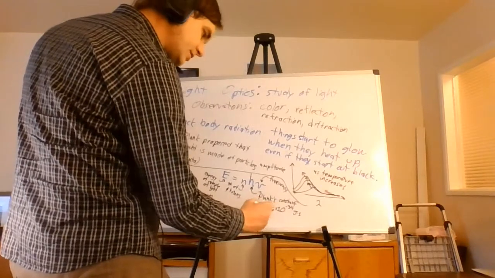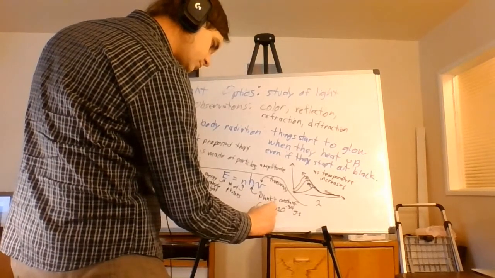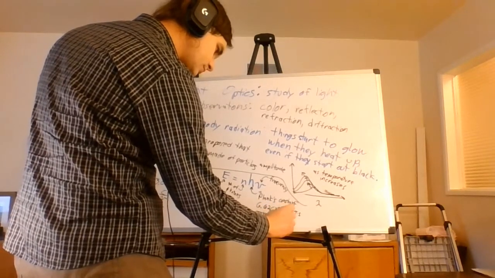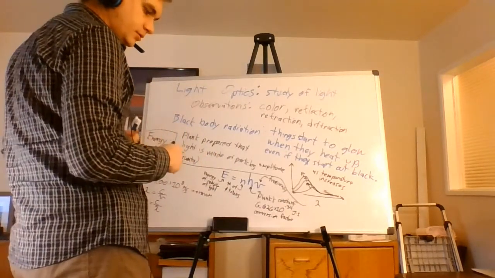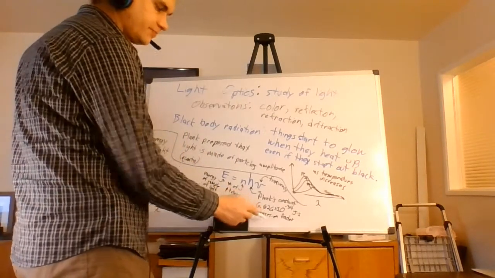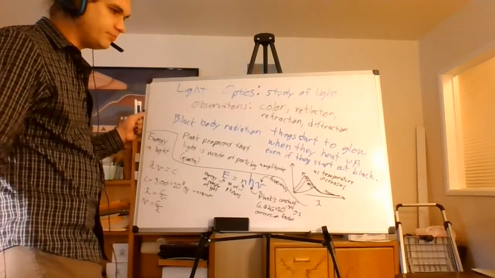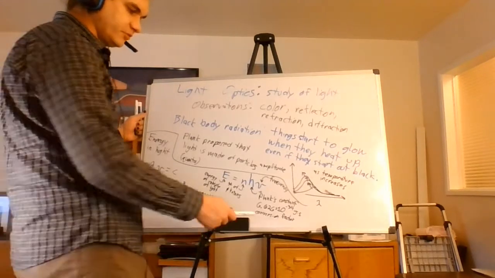And Planck's constant is a conversion factor. I keep coming back to it: in Gen Chem, there's just metric tons of unit conversions.